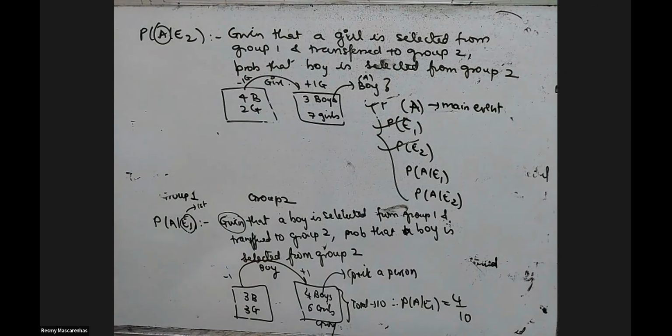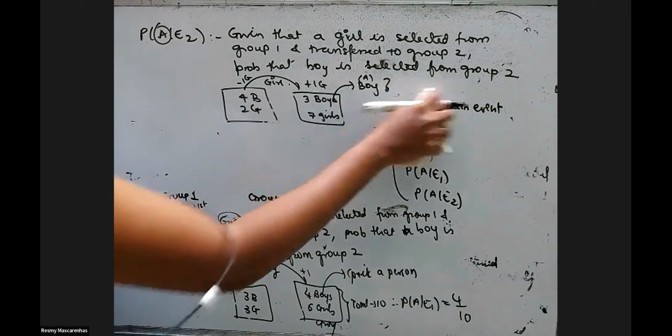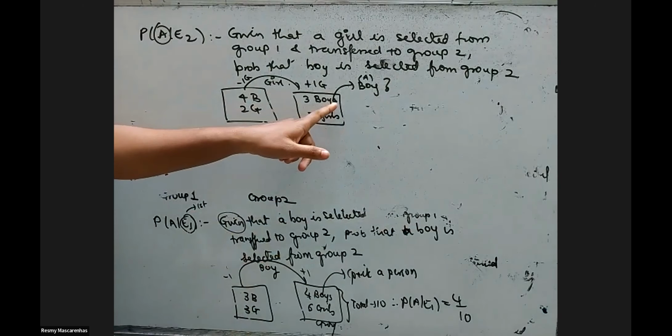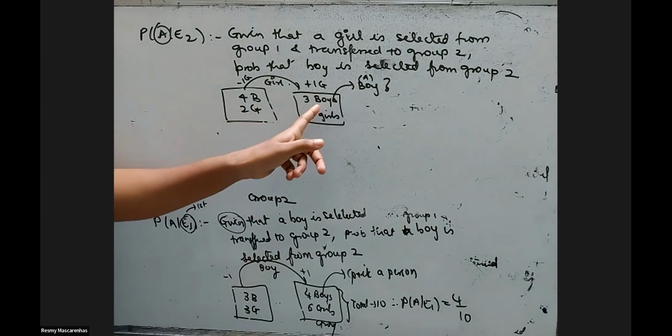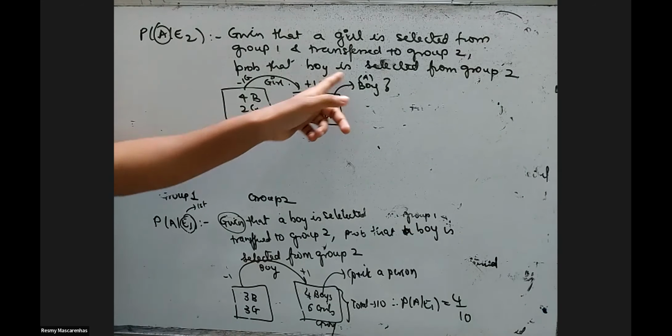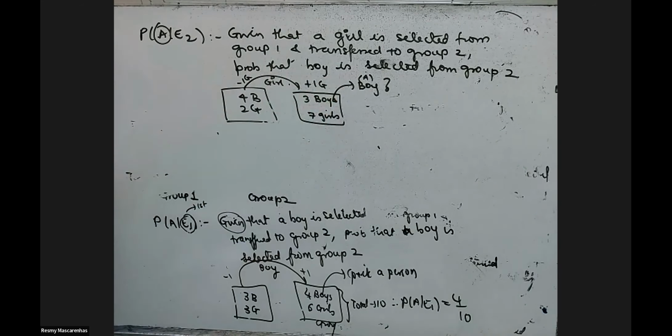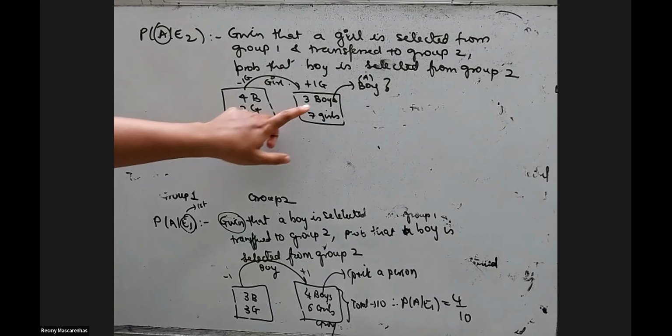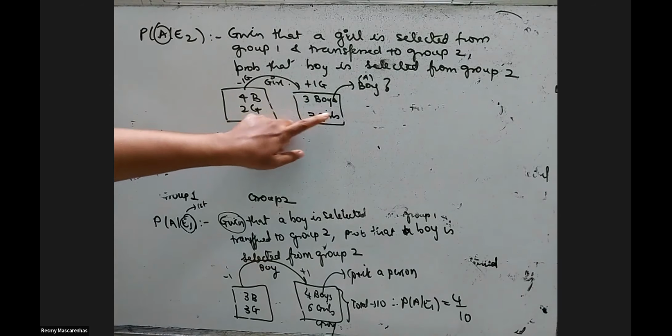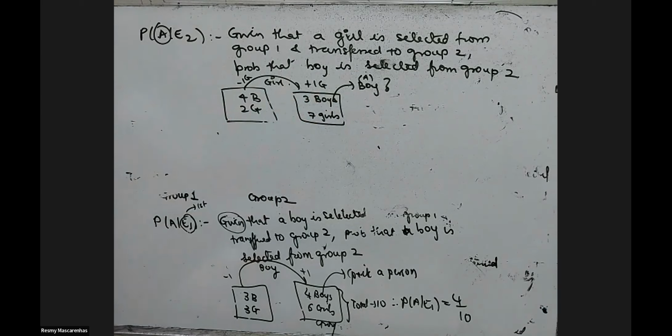What is the probability? Can anyone tell me? What are the chances that from here, if you select a person, it has to be a boy? How many options do you have now for a boy in group 2? How many boys are there in group 2?